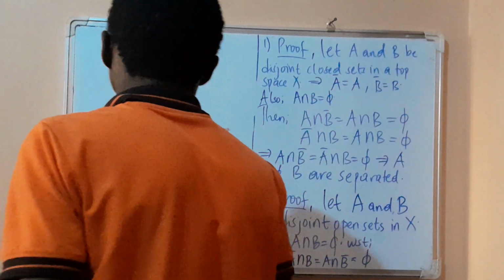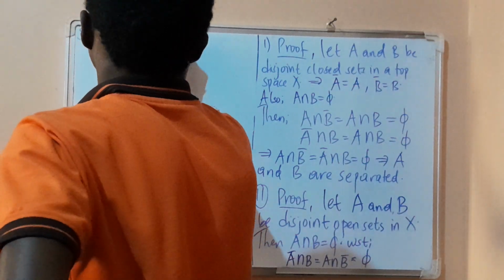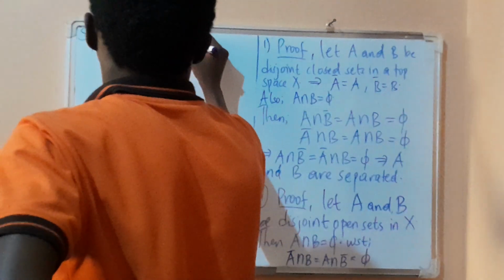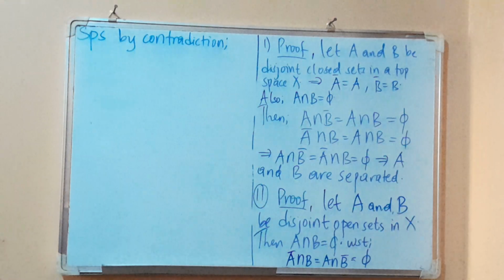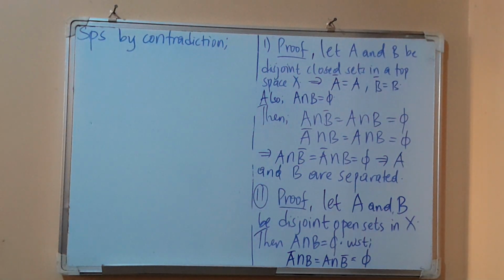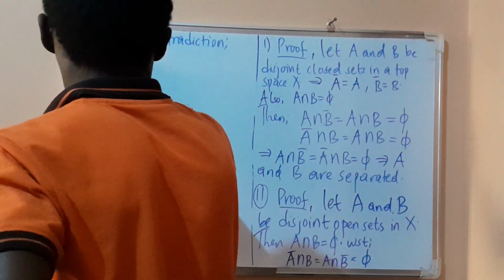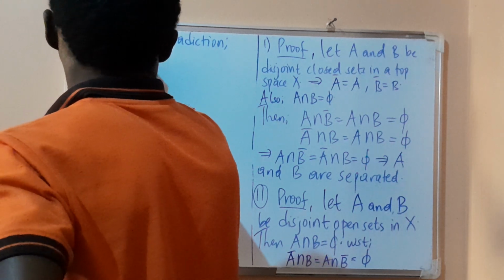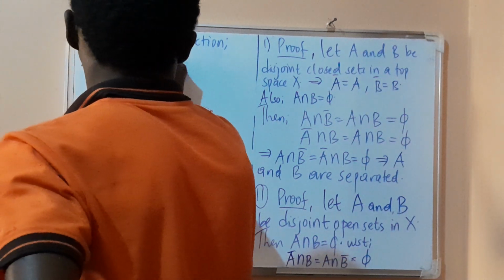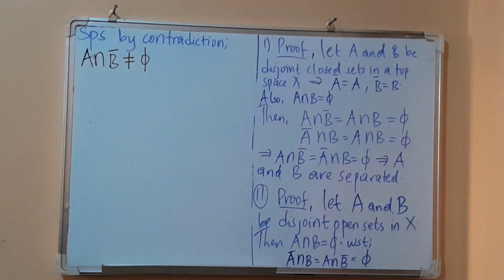By way of contradiction, suppose that A intersection B closure is non-empty. Suppose by contradiction that set is not empty.